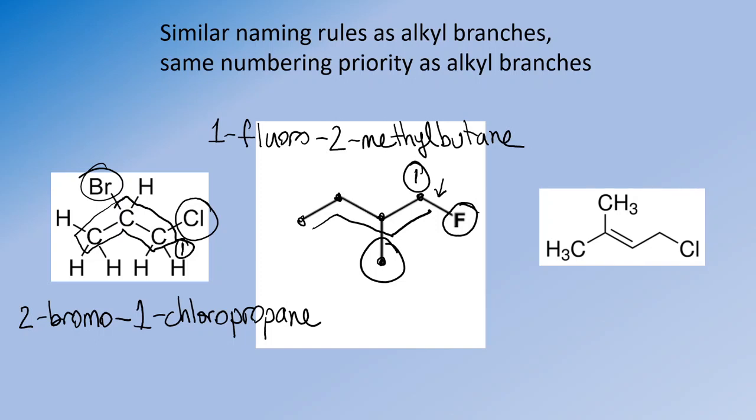All right, so lastly, the molecule over on the right is a little more complicated and has a 4-carbon backbone as well, but it has a methyl group, a chloro group, but then also a double bond. And as far as numbering goes, the double bond will take precedence over any of these.